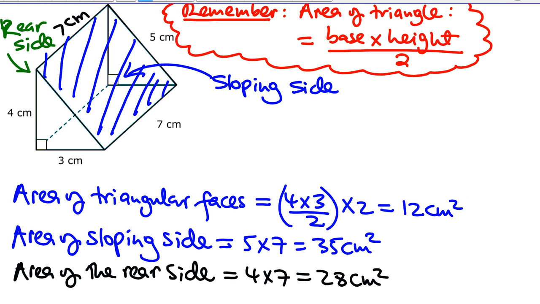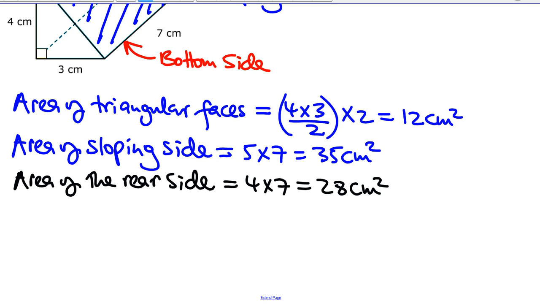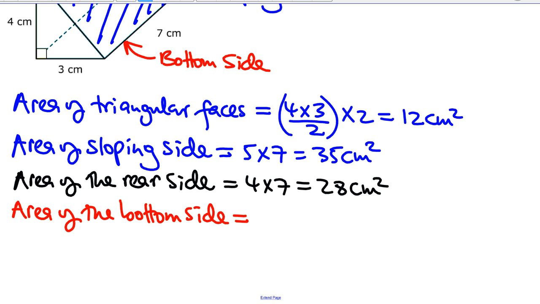And then down below here we have the bottom side, or the base. So the bottom side will be just 3 by 7. So you can go ahead and say the area of the bottom side will be 3 by 7, which will be 21 centimeters squared.